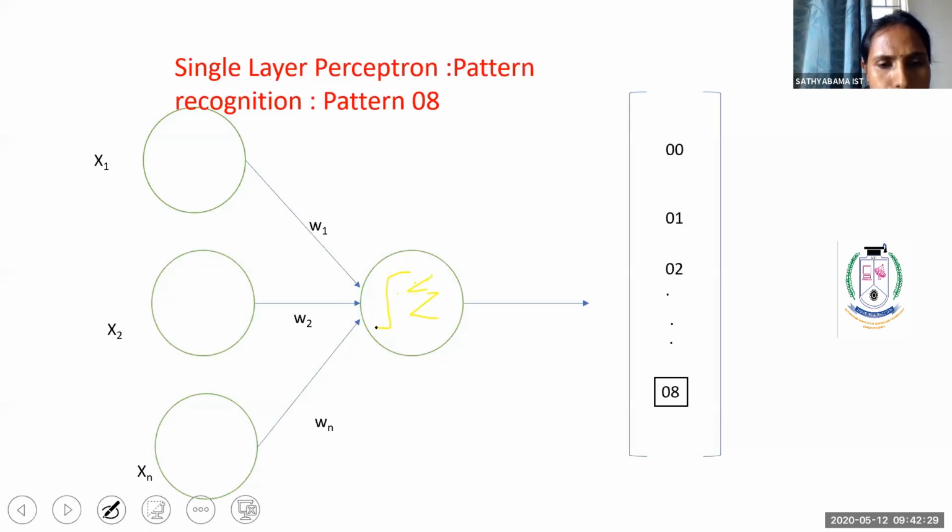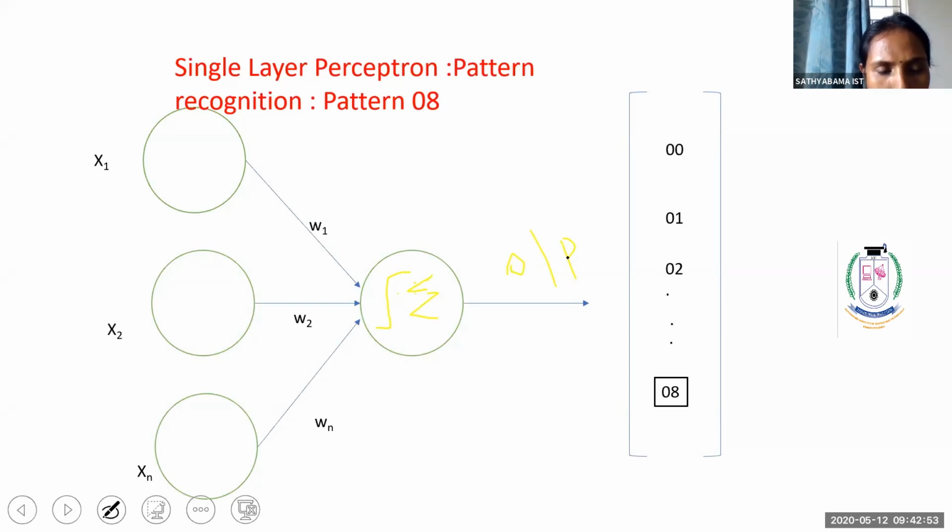The activation function in your single layer perceptron is a step function. Okay, f of x is equal to x. You already know that. You have to apply that activation function over the weighted sum, and you will get an output. Once you get the output, you compare your actual output and your target output. If the outputs are the same, then there is no error at all.